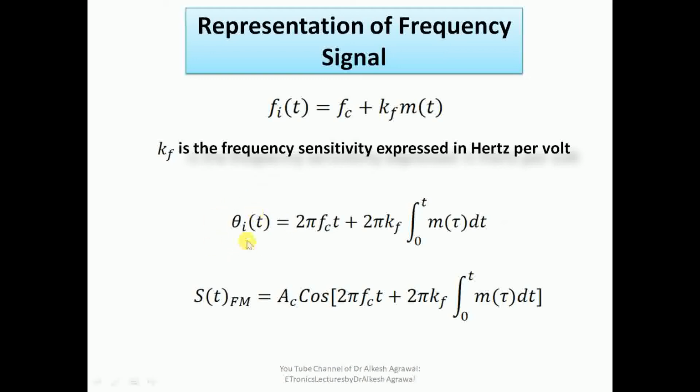Putting this angle value in, we get the representation of the frequency modulated signal as Ac cos of theta i(t). So we have Ac cos[2π fc t + 2π kf ∫ from 0 to t of m(τ) dτ]. This is the final mathematical representation of an FM signal.